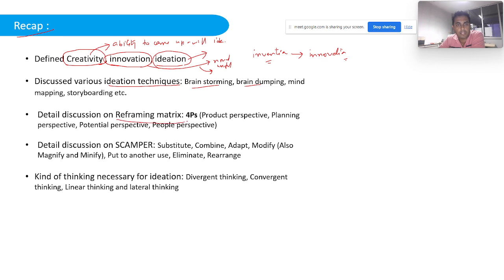One was the reframing matrix, which basically considers a business problem and tries to see the problem from different occupational viewpoints. For example, I described a 4-point perspective where you can see a business problem from a product planning perspective, then a potential perspective, and then a people perspective.